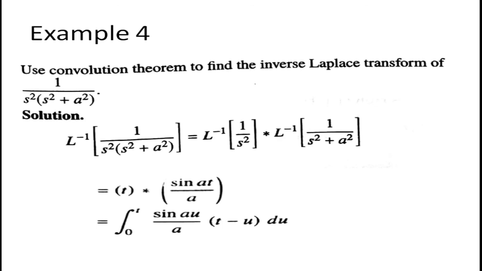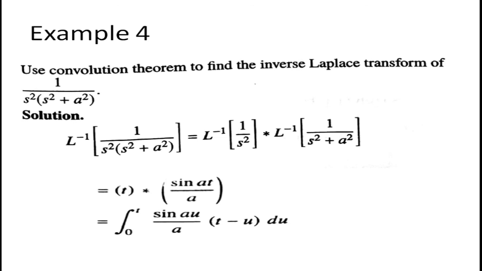Then here we have to find the inverse Laplace transform of 1 by s square into s square plus a square. So we write it as L inverse of 1 by s square star L inverse of 1 by s square plus a square. So the first function is 1 by s square, its inverse is t.